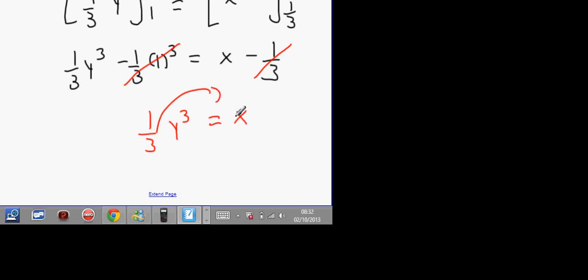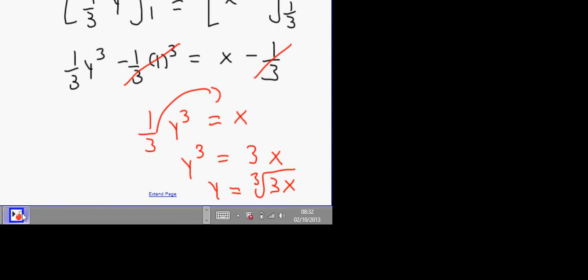Bring up 3. We're going to get y cubed equals 3x. And therefore we're going to get y equals the cube root of 3x. Okay, that's the solution to that question, and that is 12f.